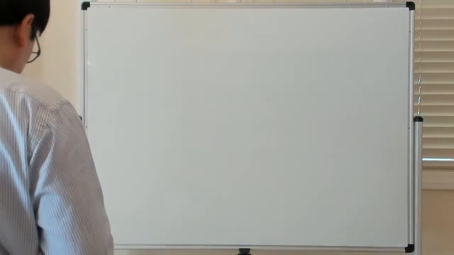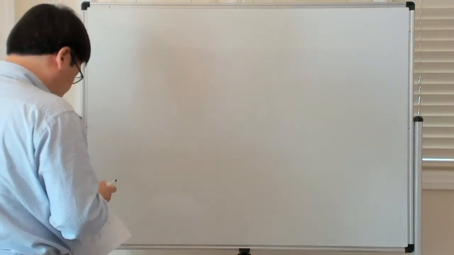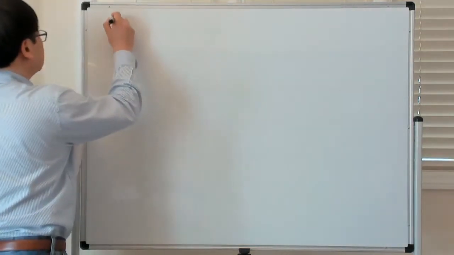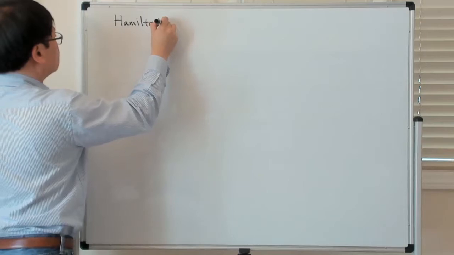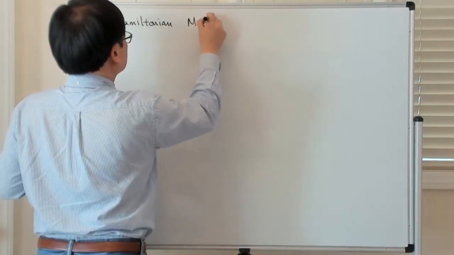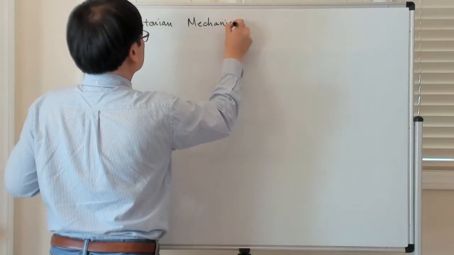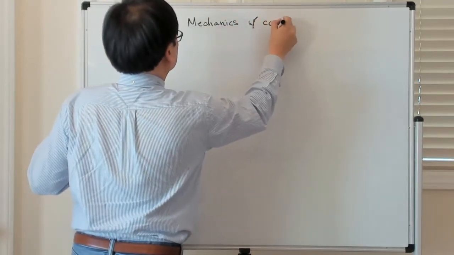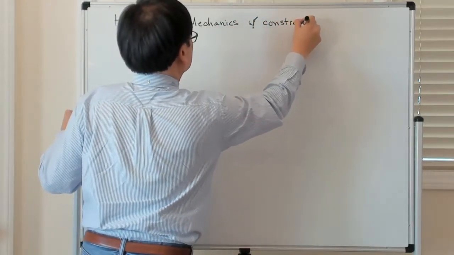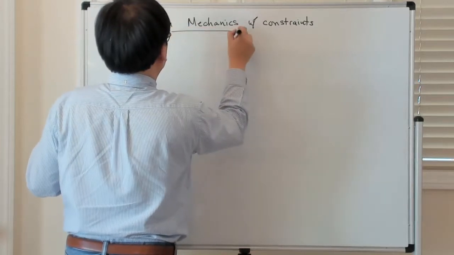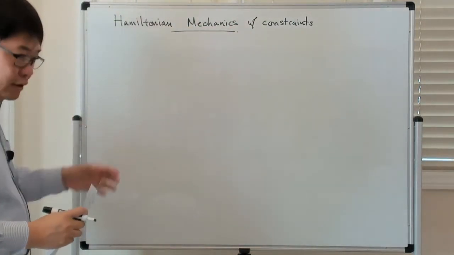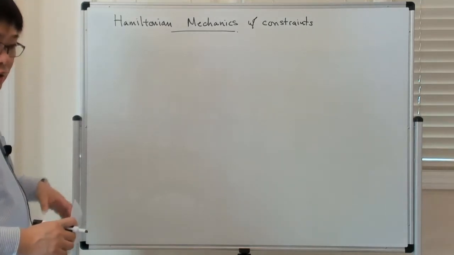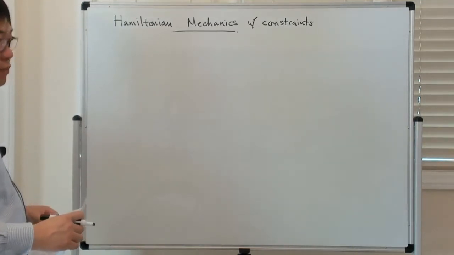Okay, so now let's talk about Hamiltonian mechanics of constraints. Before, we talked about this idea of having a constraint manifold M, looking at the tangent bundle to that constraint manifold.